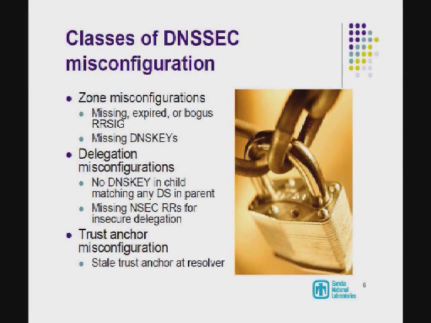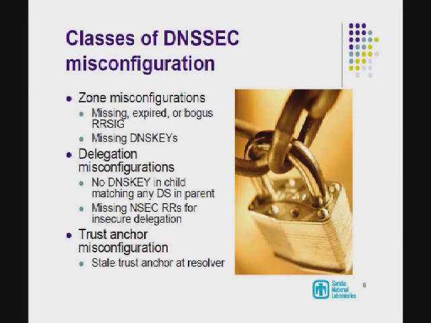Within this category, regarding signatures, if the signatures are either missing, expired, or bogus, in other words, they don't match the record data that they cover, then of course they are not helpful, and that will cause a break in the chain of trust. Also, if the DNS keys necessary to verify the signature are missing, then this is problematic and will also result in a broken chain of trust.